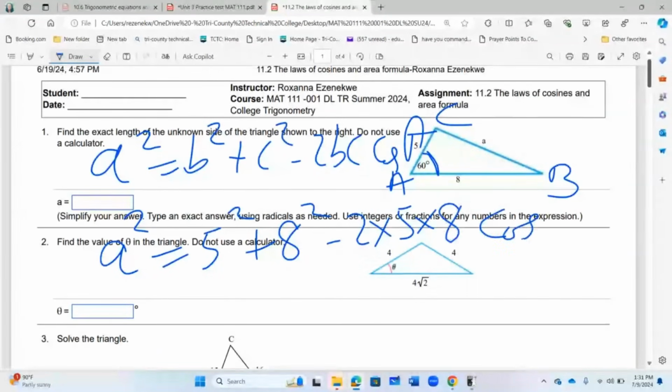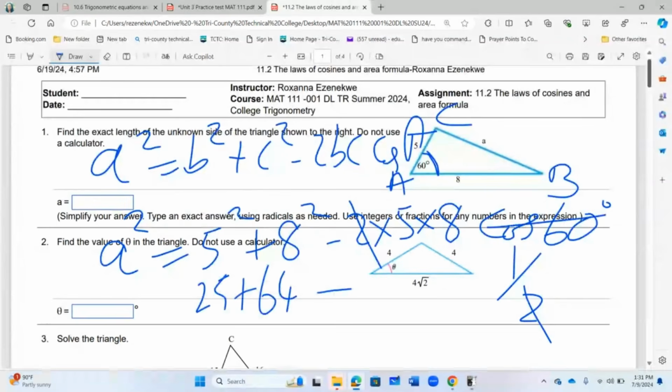I can be told to have an exact answer, because cosine of 60 degrees is 1/2. So it's not a big deal. If I put 1/2 in there, this 2 will cancel this 2 here, because this is now 1/2. Okay. So 5 squared is 25. 8 squared is 64 minus 5 times 8. So let me go ahead and throw them into my calculator.